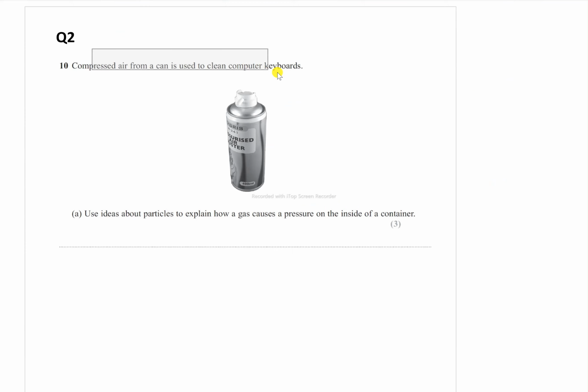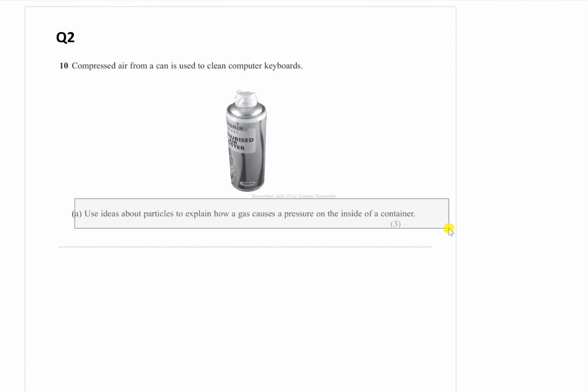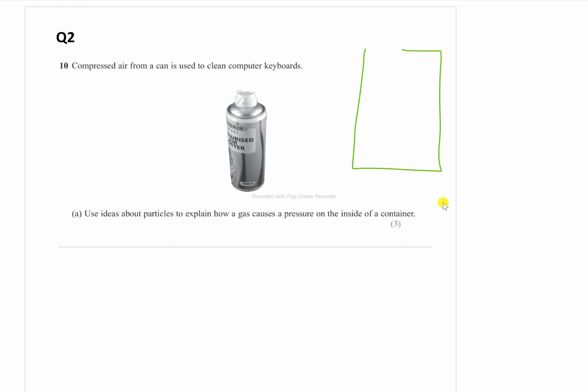Compressed air from a can is used to clean computer keyboards. Use ideas about particles to explain how gas causes a pressure inside of the container. So if you take a cross section, you have gas particles, they're moving in that direction.